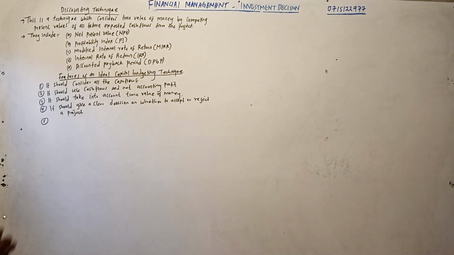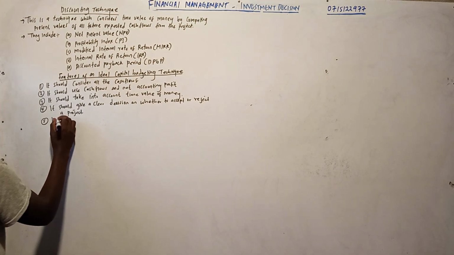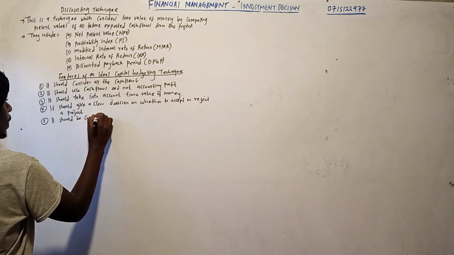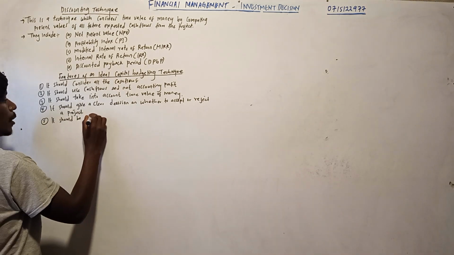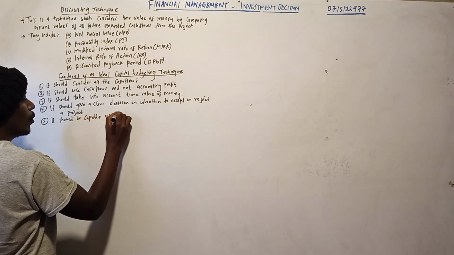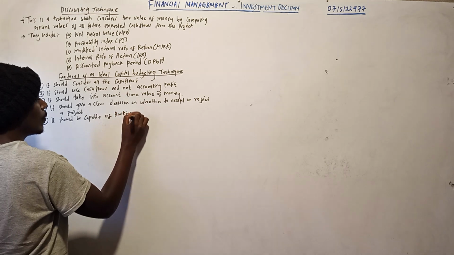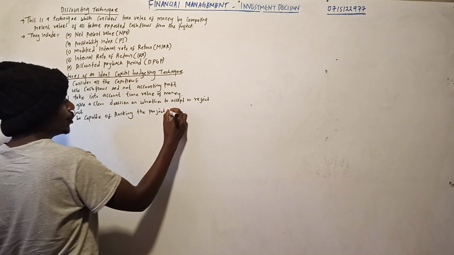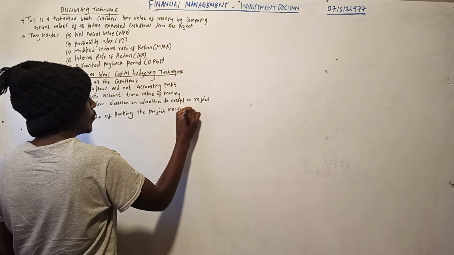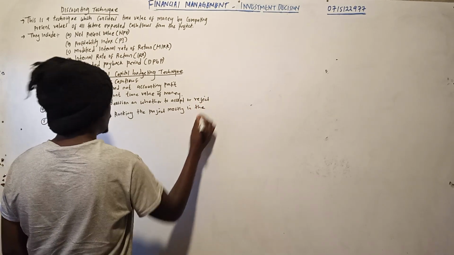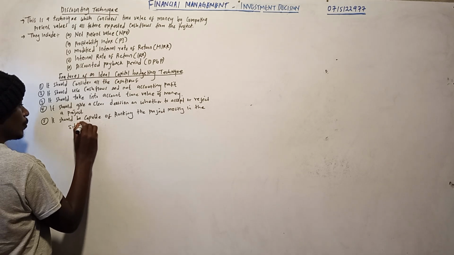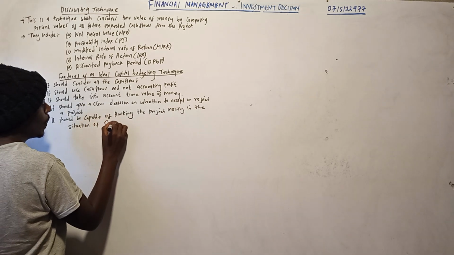Then number five, it should be capable of ranking the projects, mostly in the situation of capital rationing.